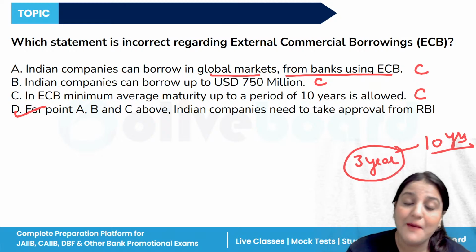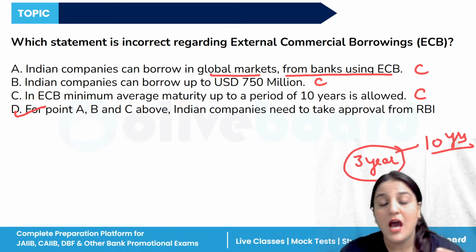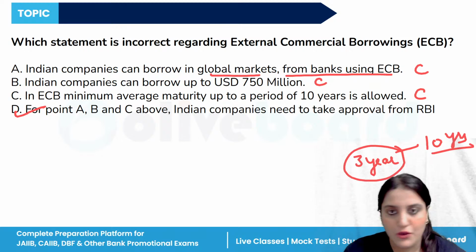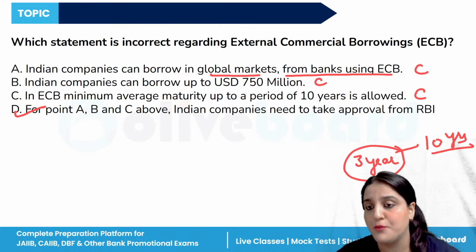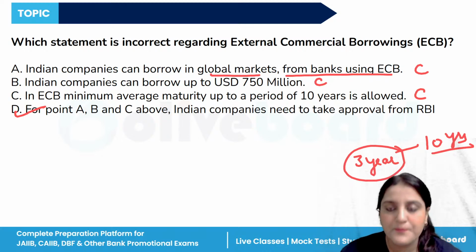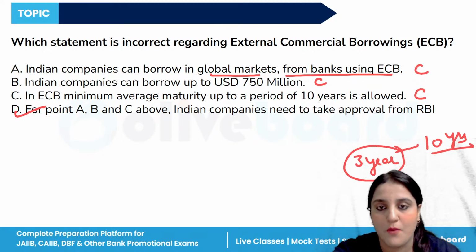For amounts above the threshold or specific types of borrowings, approval may be required from the RBI. So now you know in what cases we need approval from the RBI. The other three options are correct in regard of ECB, but option D is incorrect. So we have to mark option D.